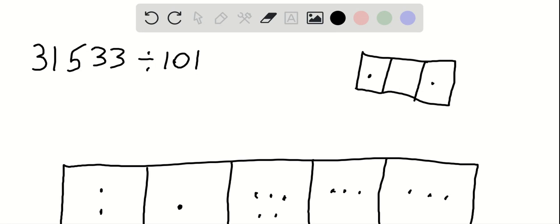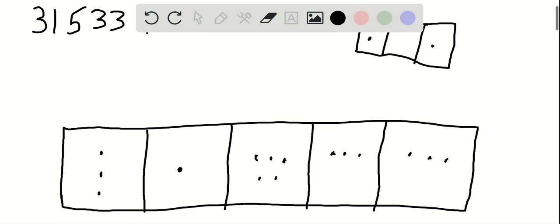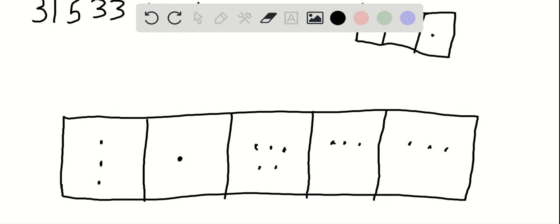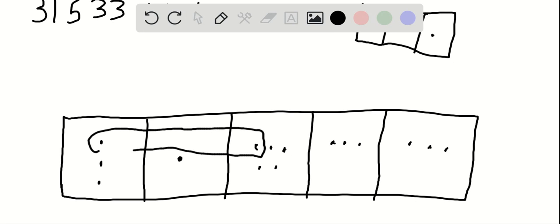So where do we see groups of one dot next to zero dots next to one dot? I see quite a few. I see one here: one dot, zero dots, one dot. So that's one group at the hundreds level.